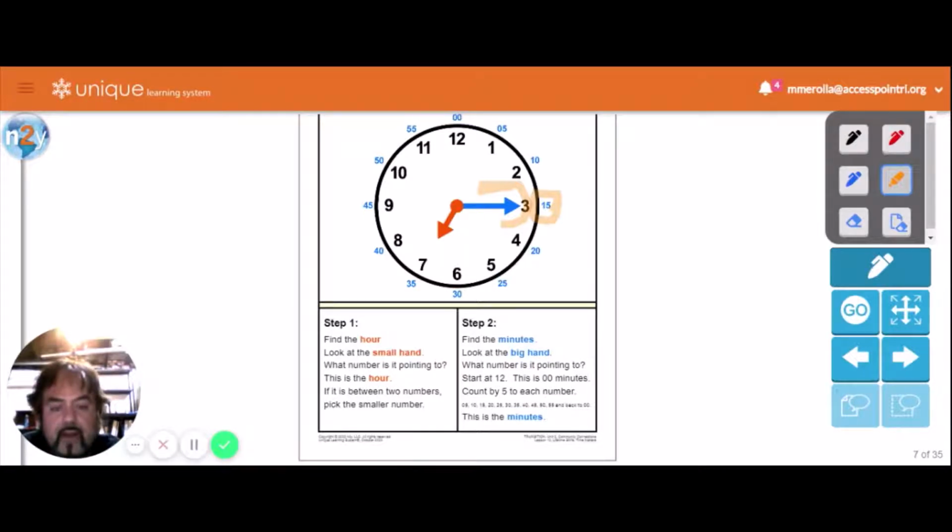Count by 5 to each number on the outside of the clock: 5, 10, 15. So this is 7:15. On a digital clock, that would be the number 7, then 2 dots, and then 1, 5. So the orange hand is for the hour, the blue hand is for the minutes.